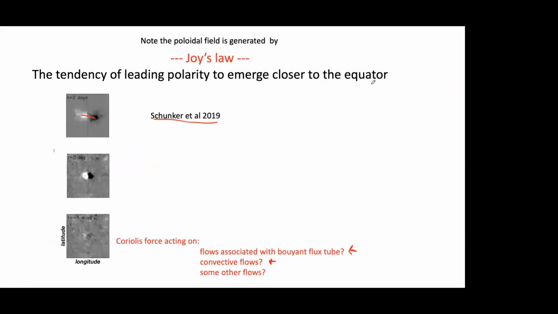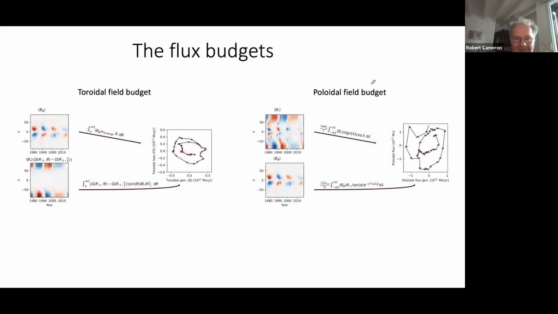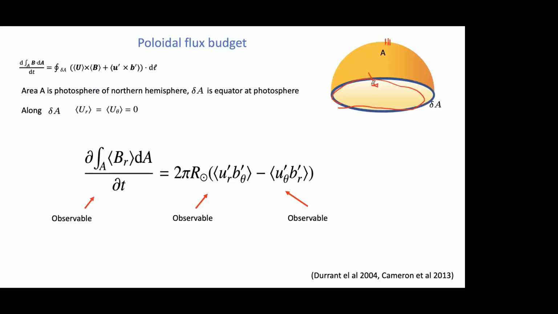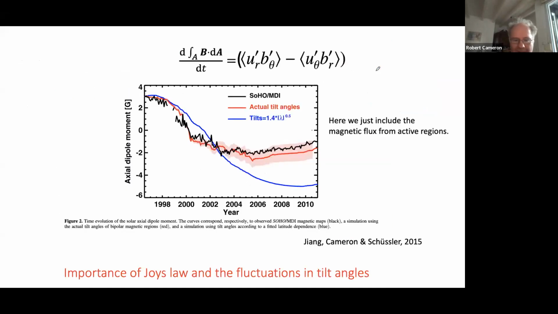Joyce law is essential because you have to get the flux across the equator. Right. You need the cancellation. Yeah, you need the cancellation. So cancellation is coming from Joyce law, and if you do the model, you find it actually works very well. So actually, this is better than I would have imagined.